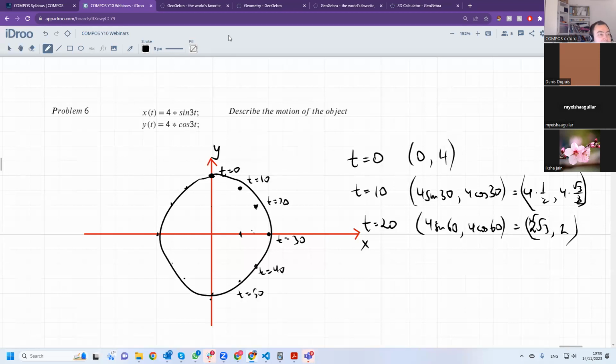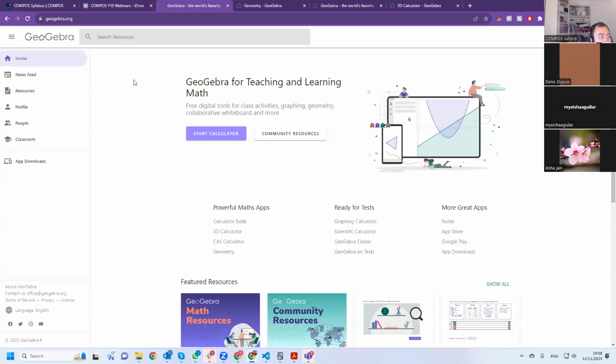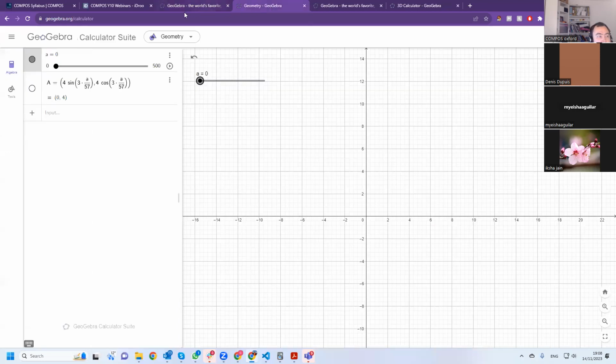Let's have a look. I have prepared this for you. Okay, here it is. So we have an object with coordinates 4 sine. I've scaled it down because this calculator does radians, and 1 radian is 57 degrees.